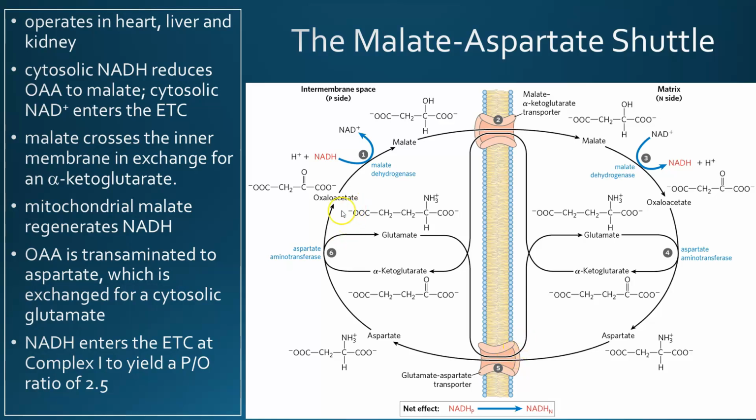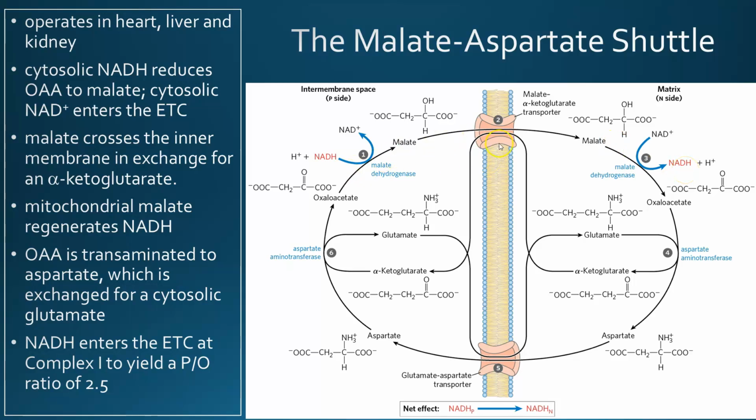In the malate aspartate shuttle, you also use some of the citric acid cycle enzymes and some enzymes of amino acid metabolism to take the electrons from NADH to oxaloacetate to make malate. The malate is transported and then the NADH is regenerated.